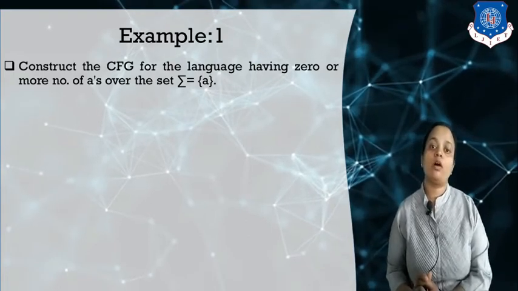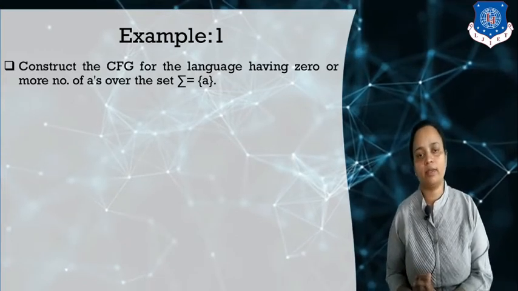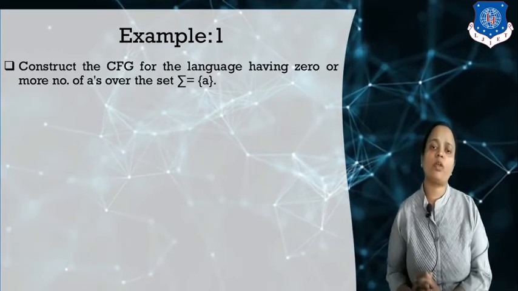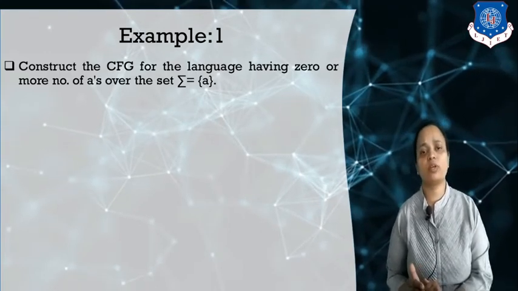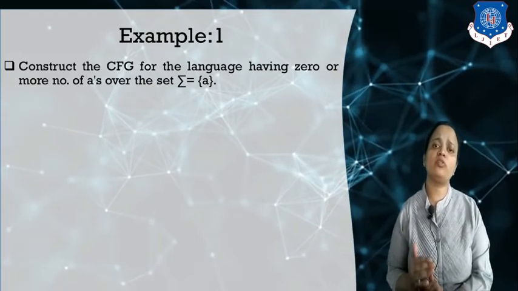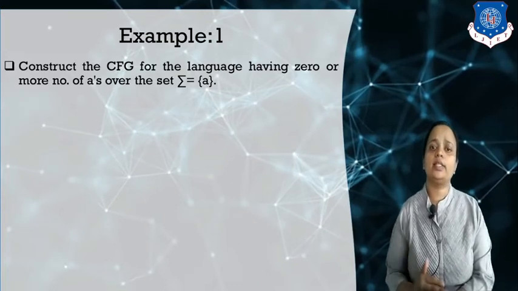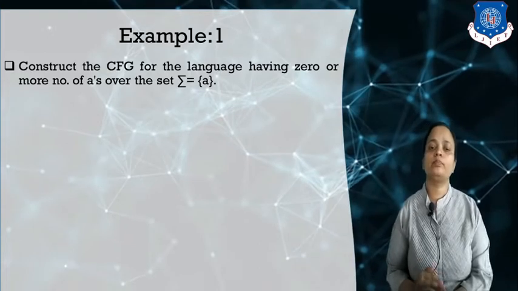Now, when you are going to convert this statement into a context-free grammar, whenever you are going to convert either a regular expression or a language into a context-free grammar, what do you need to do? First of all, you need to understand what kind of set of strings this language or regular expression contains.